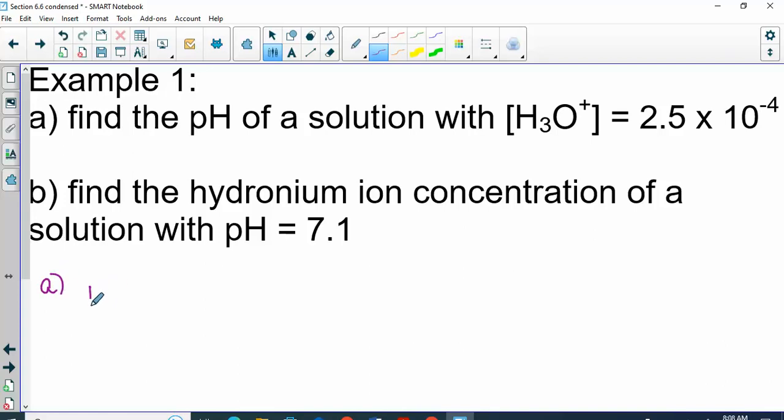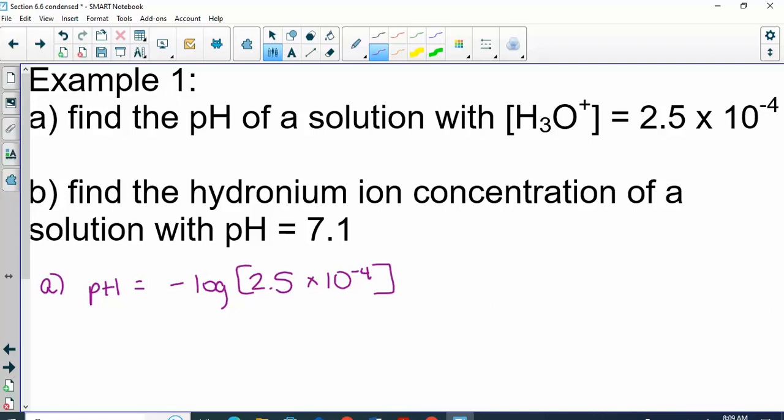So pH, looking in that first box on the top, it says pH is a negative log of H3O+. And my H3O+ is 2.5 times 10 to the negative 4 power. So all you're doing is plugging that into your calculator. I want everybody to do it so we can make sure we're getting the right answer.